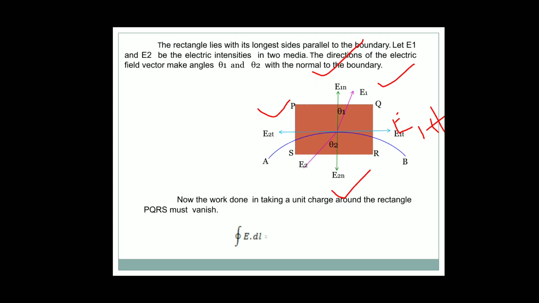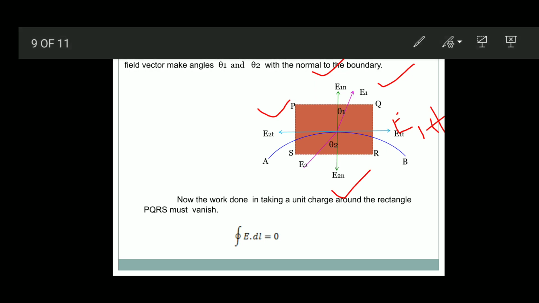Now, the work done in taking a unit charge around the rectangle PQRS must be 0, because it completes one full circle, so the net displacement dl is 0.